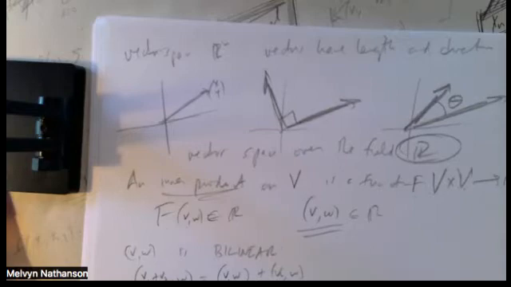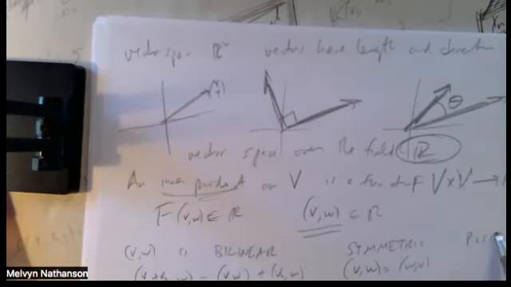And similarly with respect to the second coordinate. So I want this inner product to be bilinear. I also want it to be symmetric. That means the inner product of v and w is the same as the inner product of w and v. And the third property is that the inner product is what is called positive definite. That means the inner product of v with itself is always a strictly positive number if v is not zero.